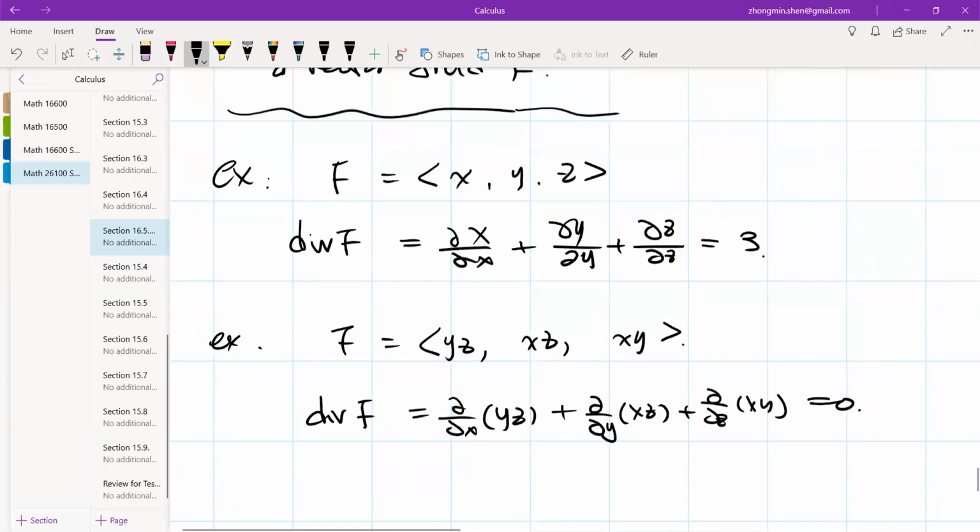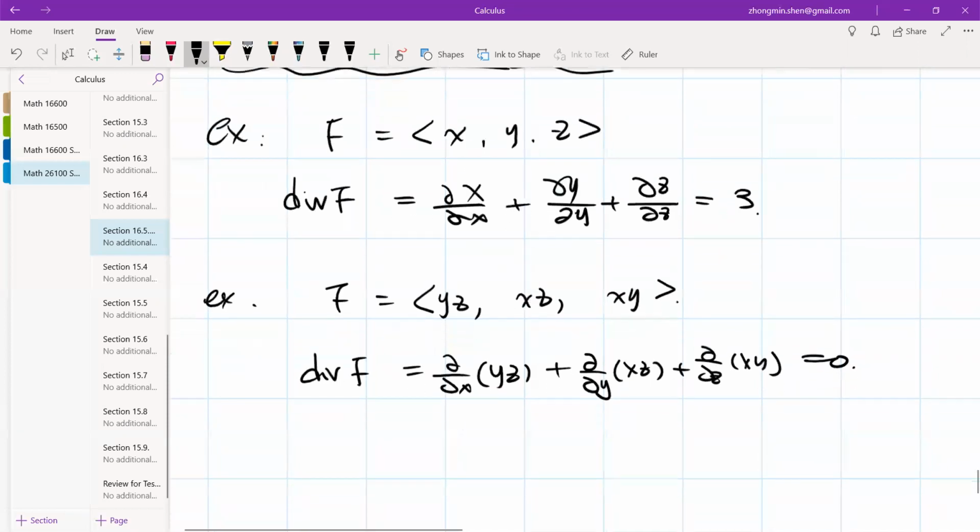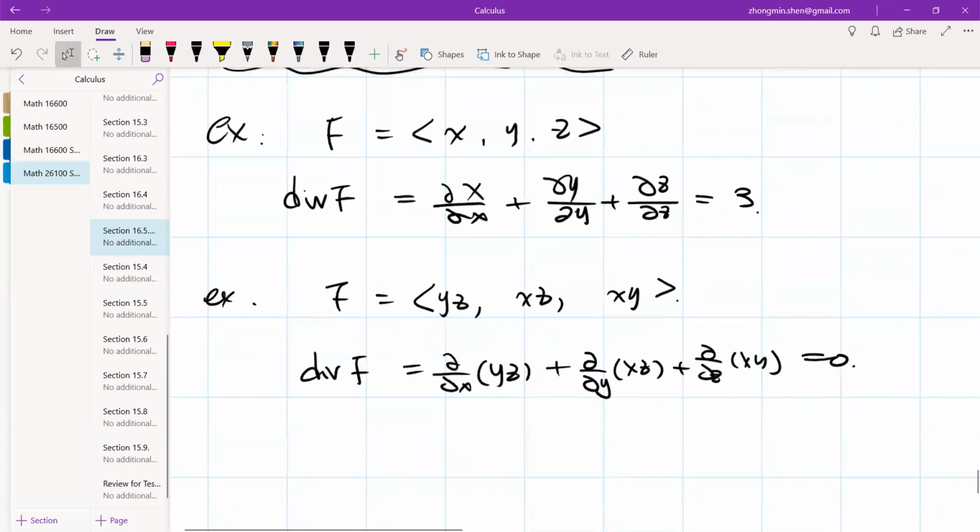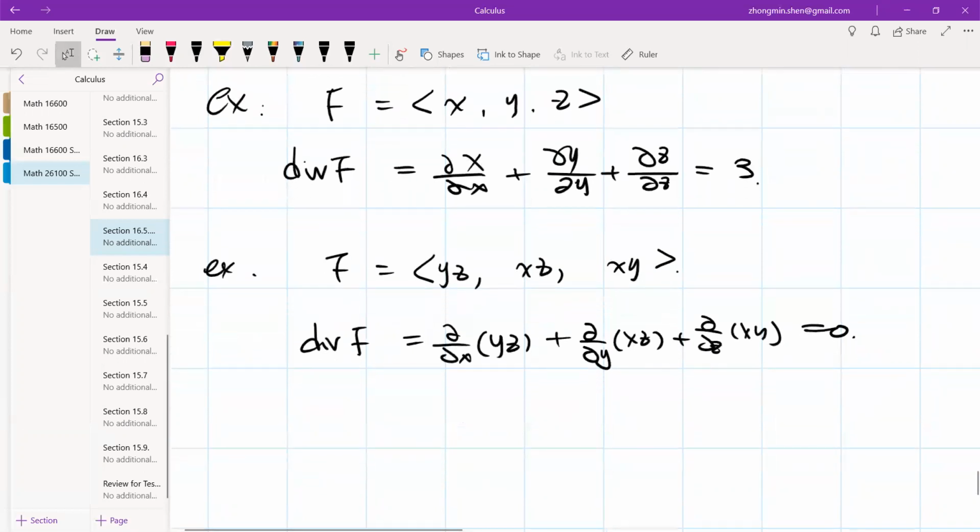Right? It's going to be 0. All right, this is a good example.